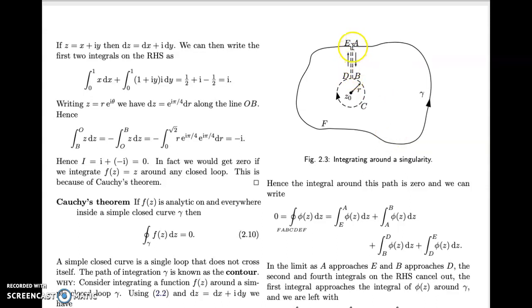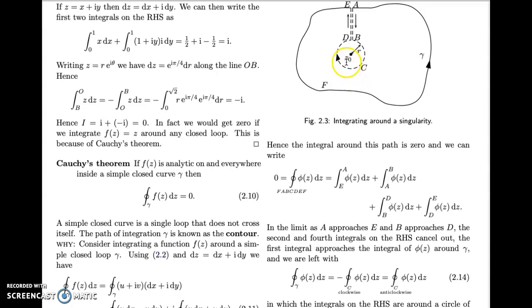So the integral from here to here is minus the integral from here to here, and the two terms cancel each other out. We're left with this integral here, which is effectively just integrating around a circle around the singularity.